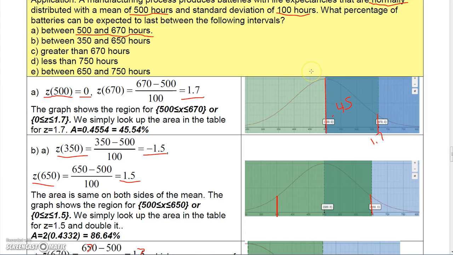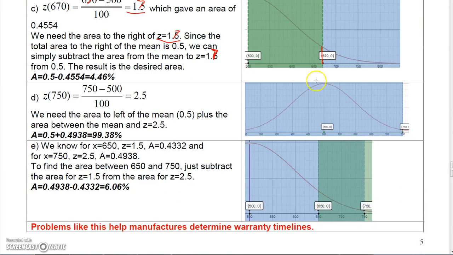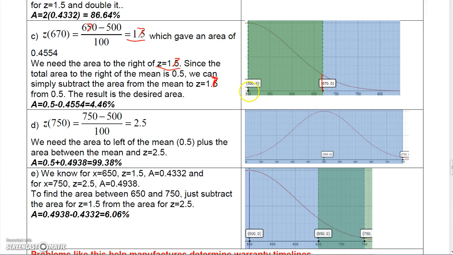So we want this little bitty blue area here. Well, if I look up 1.7, that'll give me the area between the mean and 670, and we got this earlier to be 0.4554. You see the green area under the curve? That's 0.4554. Now remember, we don't want the green, we want this little blue area.